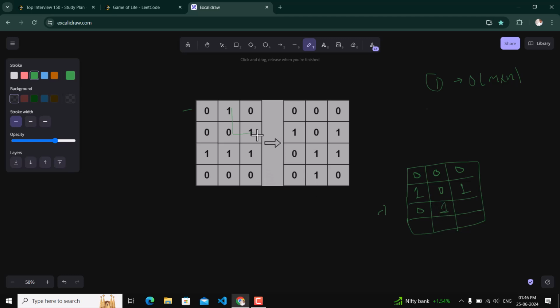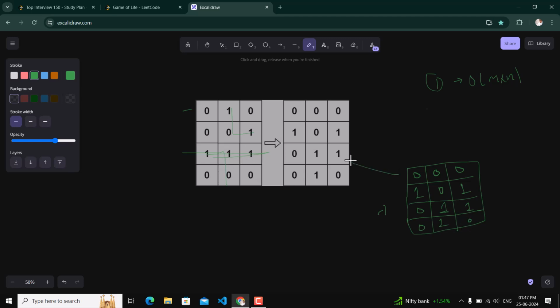For this one it contains 2 live cells, so it will again be alive for the next stage. For the 0, if we consider this, it contains 2, so it will be 0 only. For this live cell it contains 3, so it will be alive because of reproduction, the fourth rule. And for this 0, it contains only 2, so it will be 0.